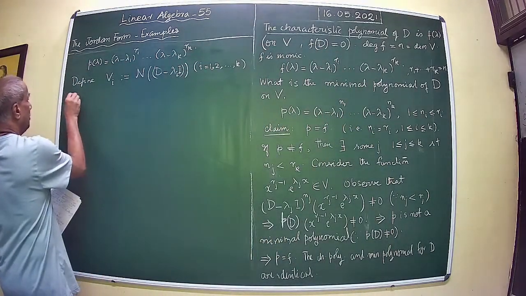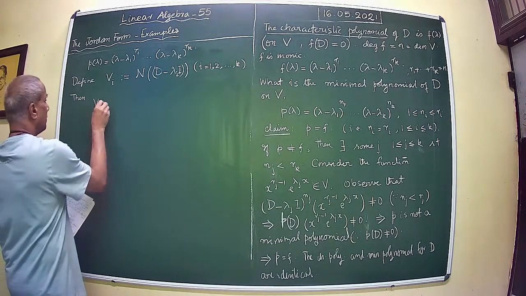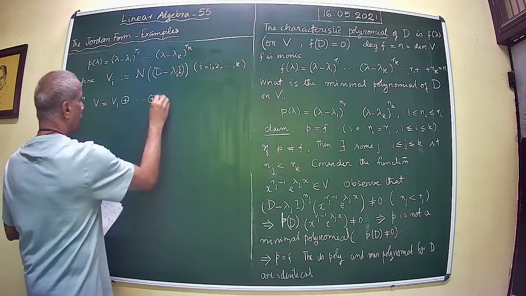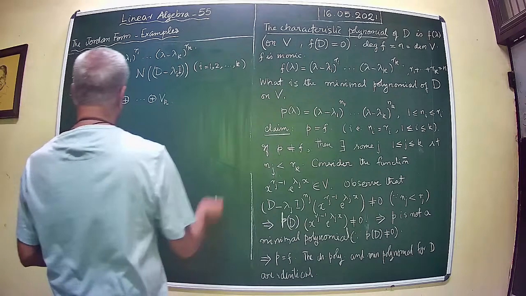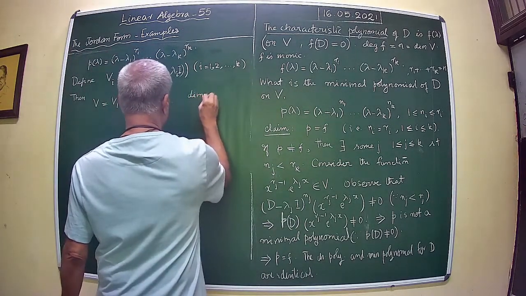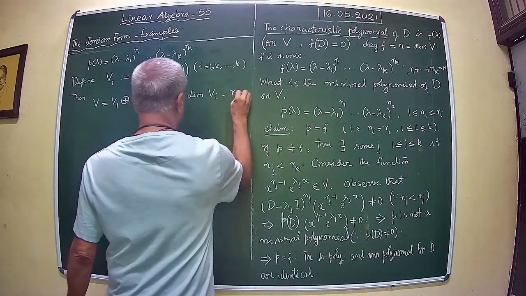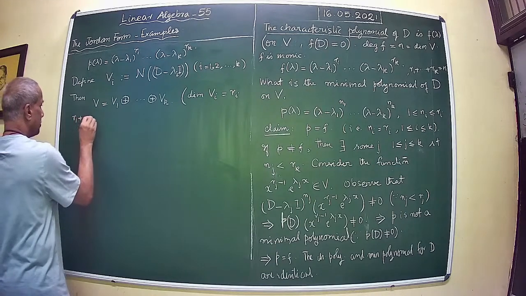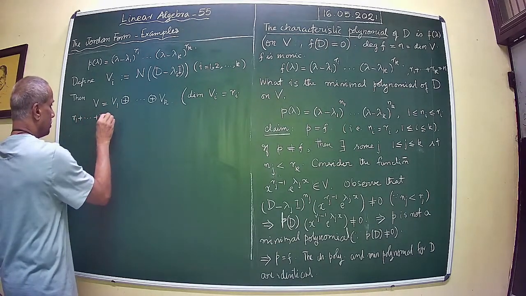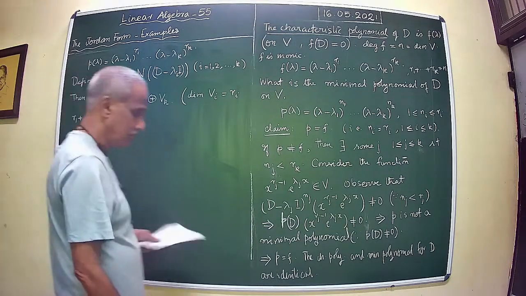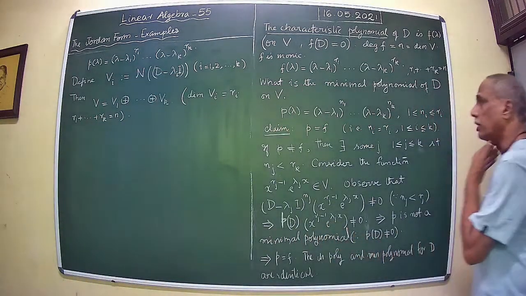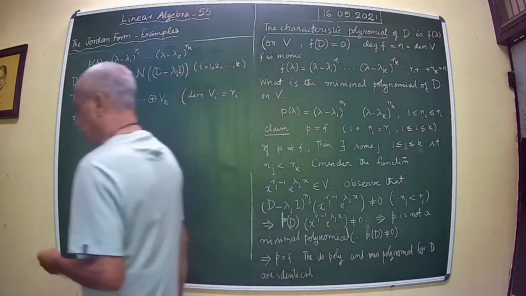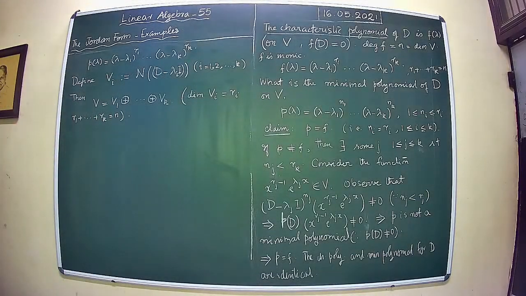Then V equal to, and dimension of Ri, and so this is the primary decomposition of the space V with reference to our operator D.